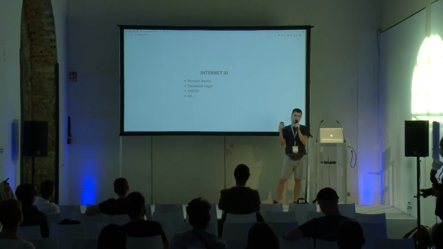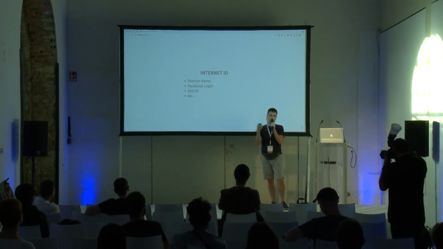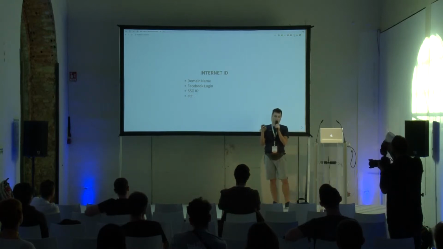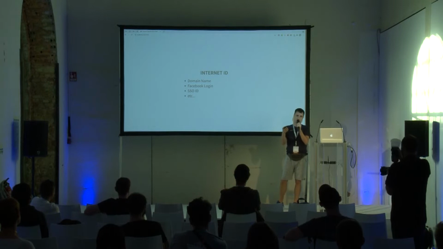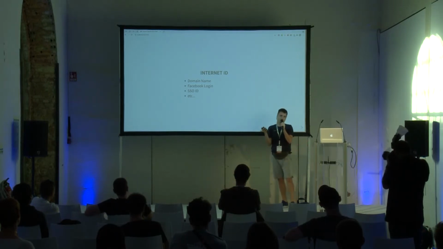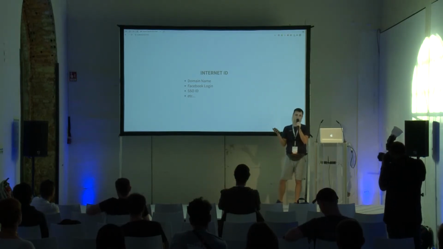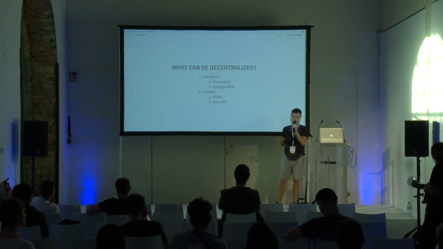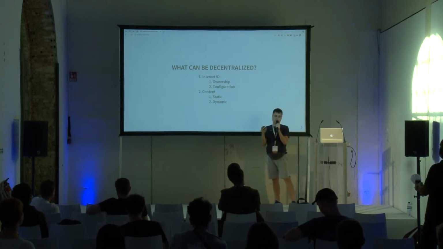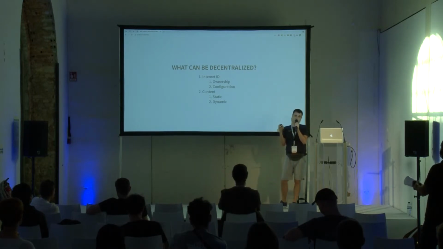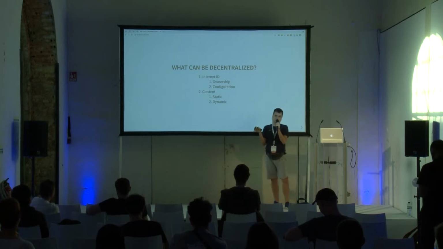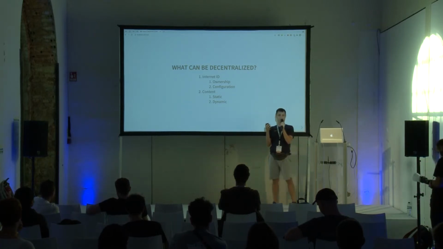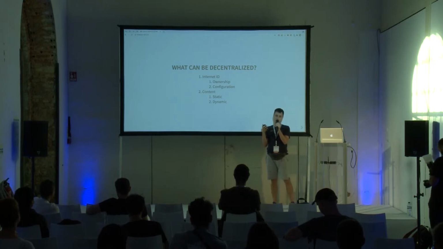What I mean by Internet ID is the way you find stuff on the internet, which is basically a domain name, or maybe you log into some website, right? So all of that is basically called Internet ID, or any kind of other login system like SSO. What can be decentralized? Basically everything, either Internet ID or the content itself, right? But there are two different categories that are decentralized differently.